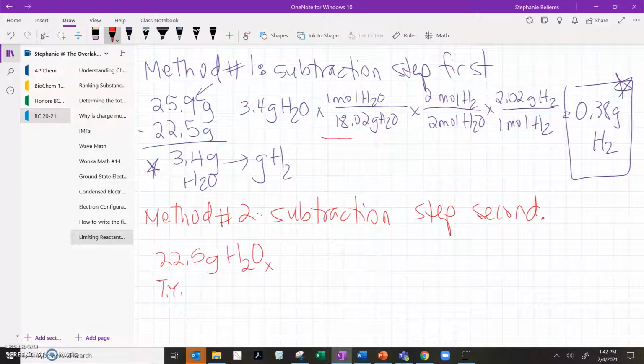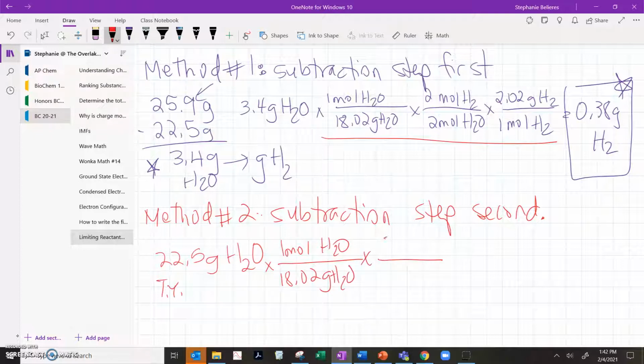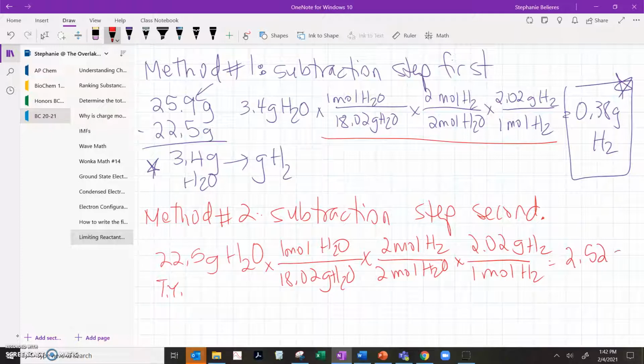And I'm going to do this exact same thing. All right, it's going to be redundant. This is literally the exact same. And this number is going to give me a value of 2.52 grams of hydrogen.